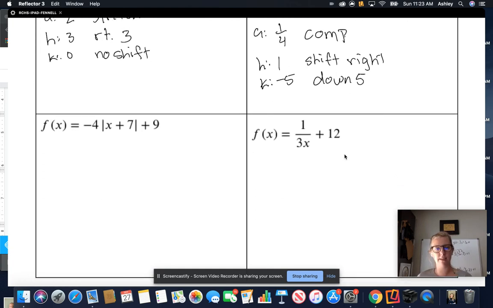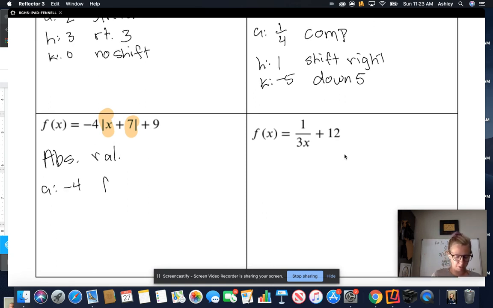All right, this is an absolute value function. Again, key defining features are those absolute value lines right there. So this is an absolute value. A is -4, so this has 2 transformations on this function. We are both going to flip and stretch.